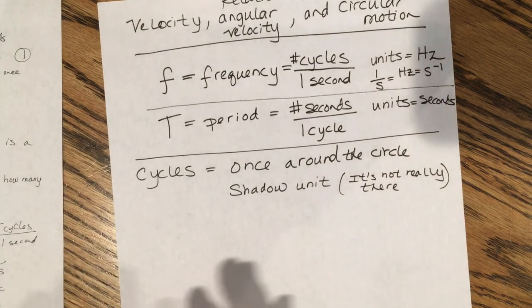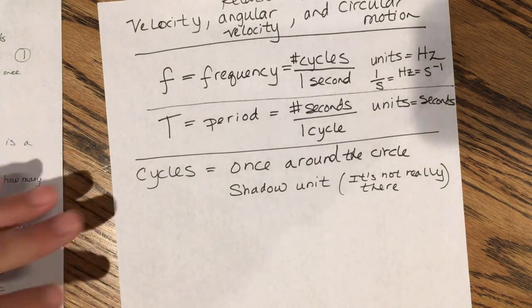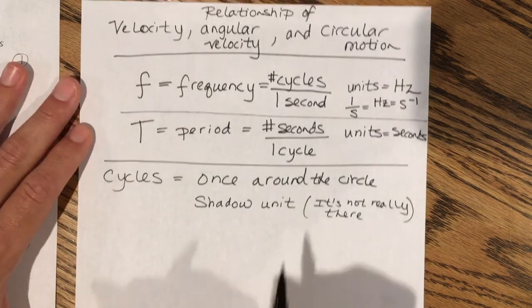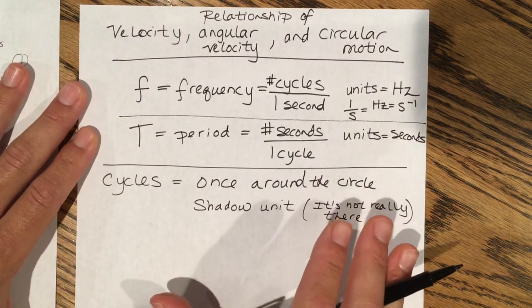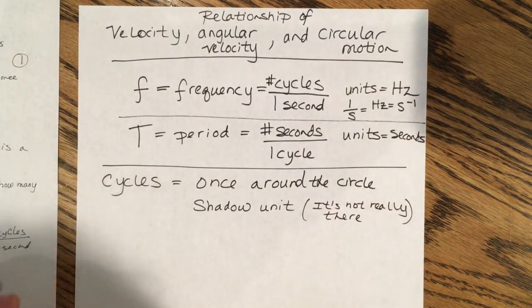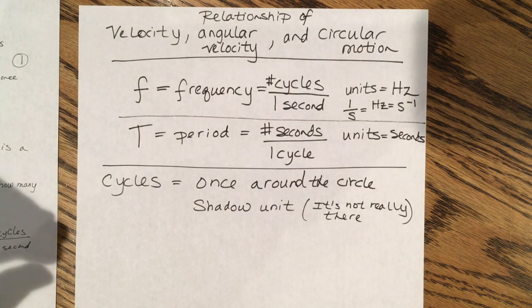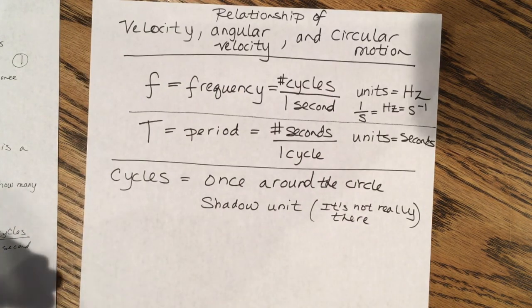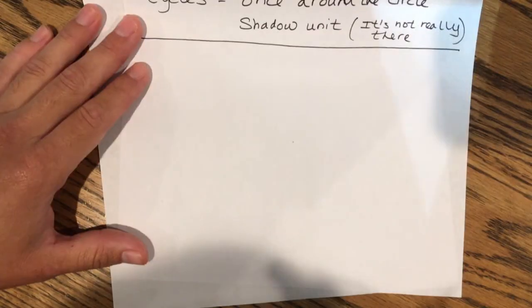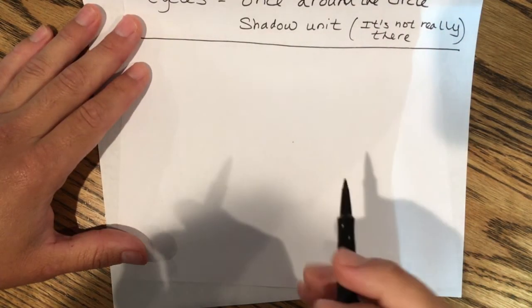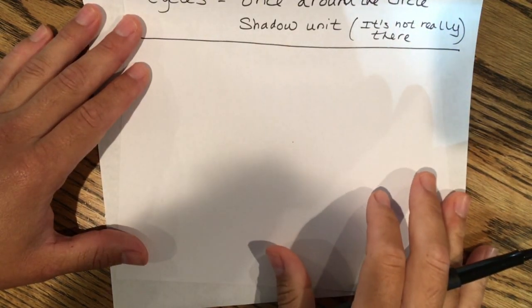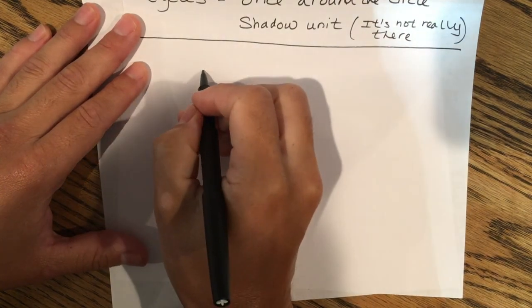Okay. So I think to show you these relationships, an example would work really well. So, all right, I'm going to pause it right there. To look at how frequency and period relate to circular motion, let's take a circle here.